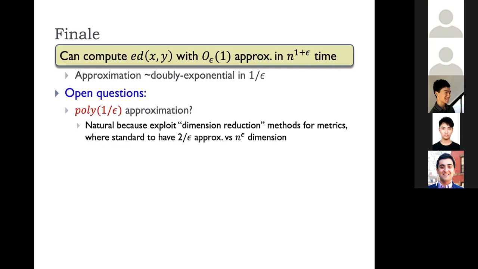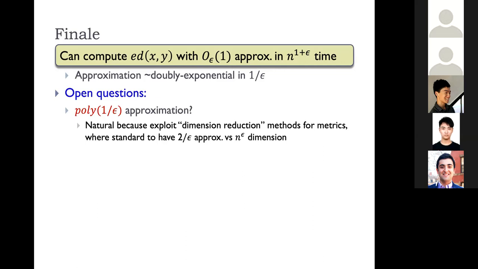Which leads immediately to a very natural open question. Given the type of tools that we're using, think about the standard trade-offs in distance oracles, or distortion dimension reduction for infinity.